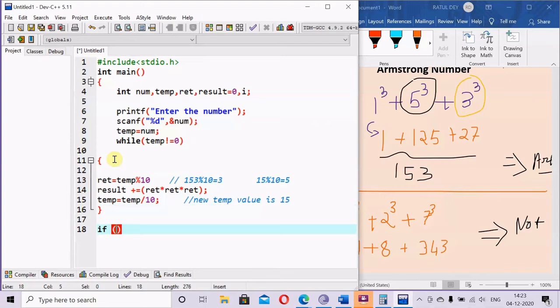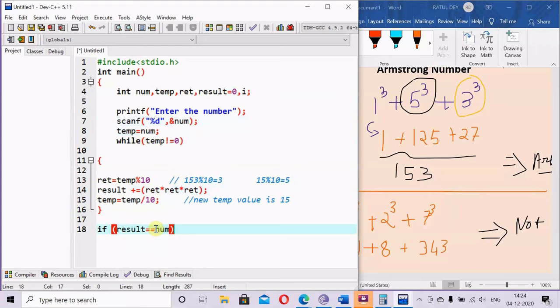So we use this result equals to number, that is, we are checking the number given by the user at the very first. So result equals to number.